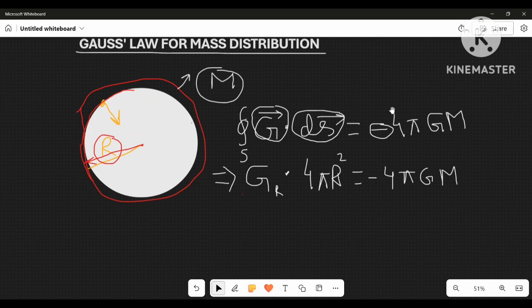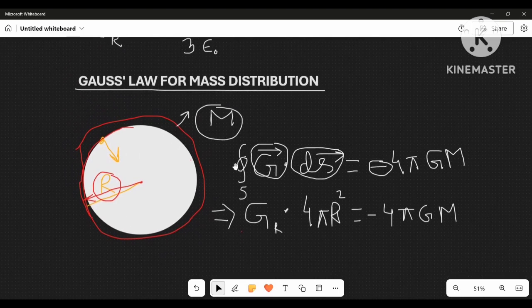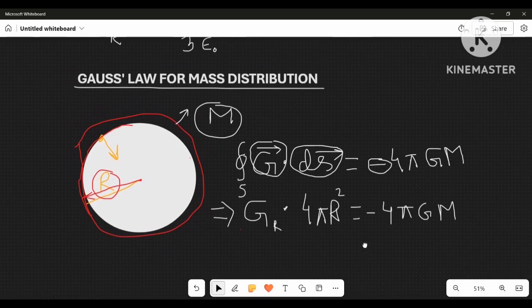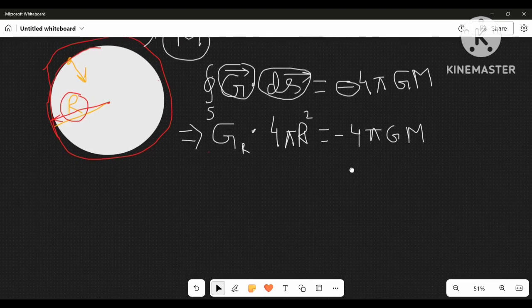So for charges it is the electric field, and for masses it is the gravitational field. That is how both of these are similar, and that is basically the power of this type of unified theoretical framework, which makes both the electrostatic and gravitational picture fall in one frame. This is basically the beauty of this problem.